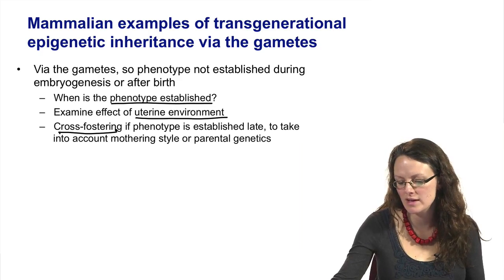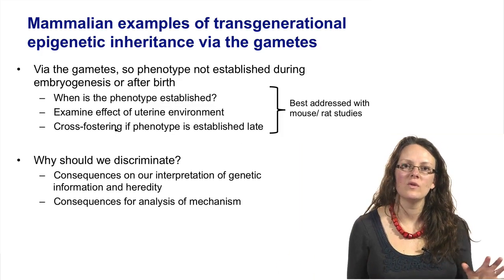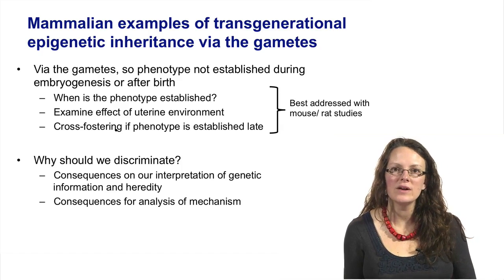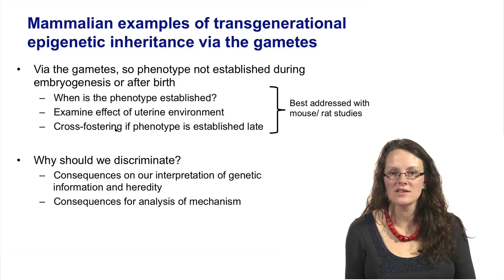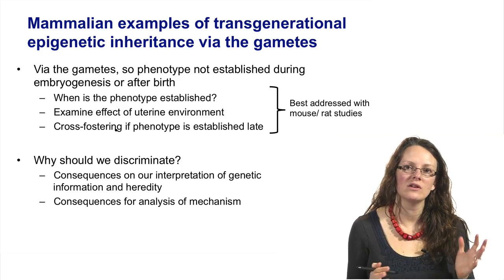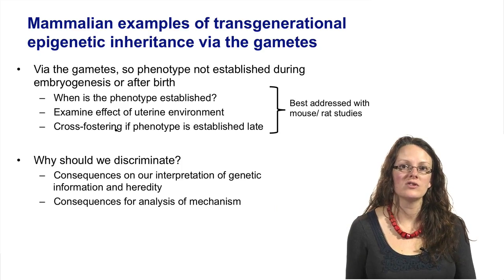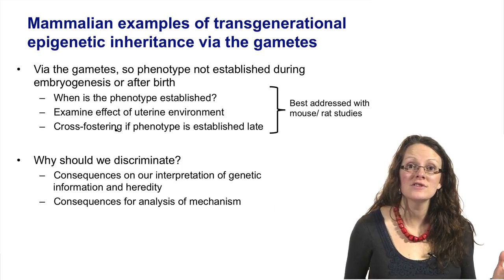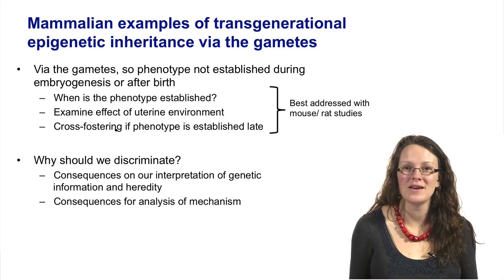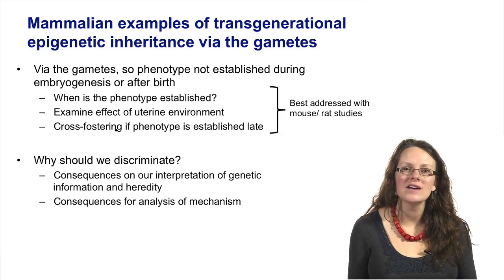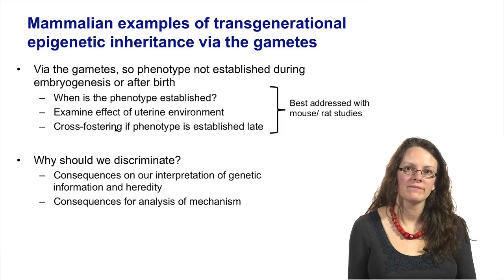So the point I want to make here is that all of these sorts of questions, which we really need to address to talk about transgenerational epigenetic inheritance via the gametes, are really best addressed in either mouse or rat studies, or in a model system that we can control the environment for and where we can perform these studies in the laboratory. While we are not interested in whether this occurs in rat or mouse, but much more in whether it happens in humans, we can only really ask the questions appropriately in rat or mouse.